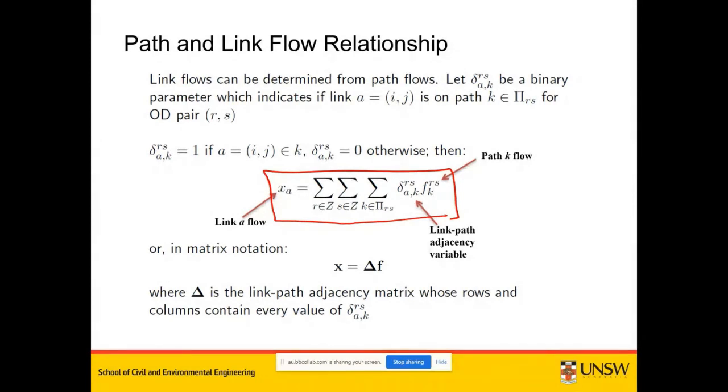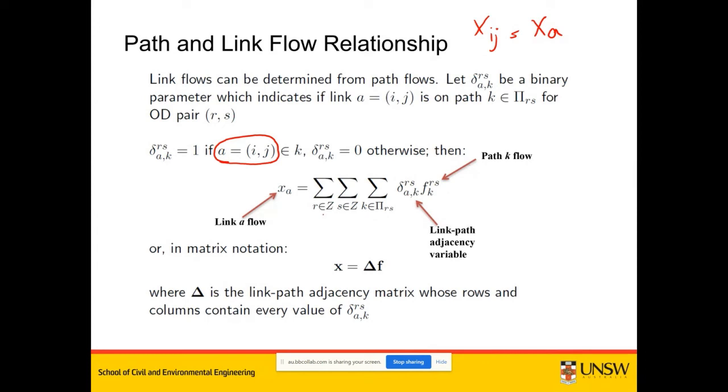So this equation here, let's see what that is. It says XA is the link flow, right? So instead of using IJ, instead of saying XIJ, we are now going to use XA as the link. It's easier to work with, right? The way we're going to handle this is, it's a lot of summations.